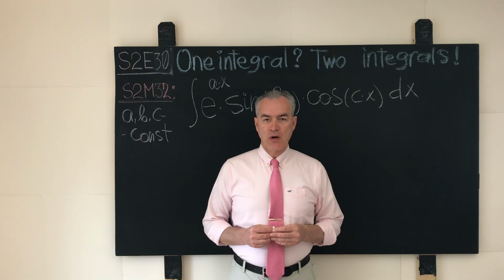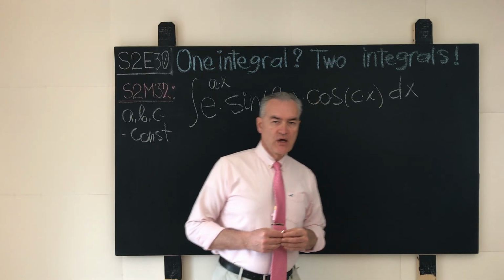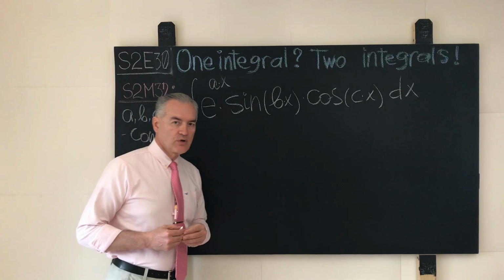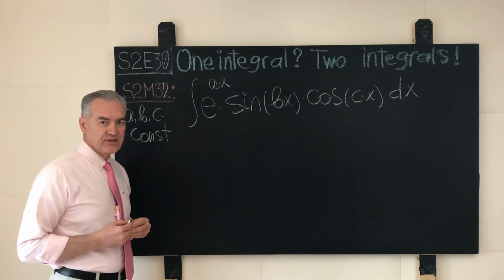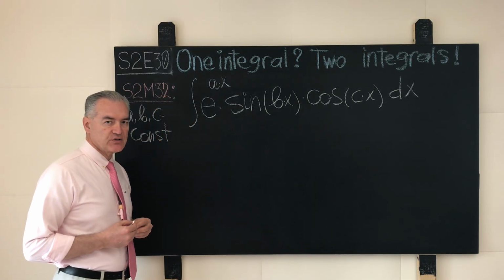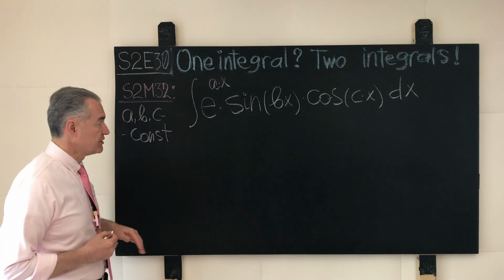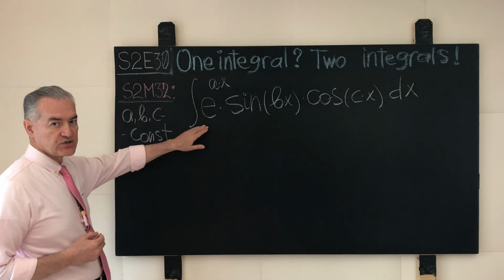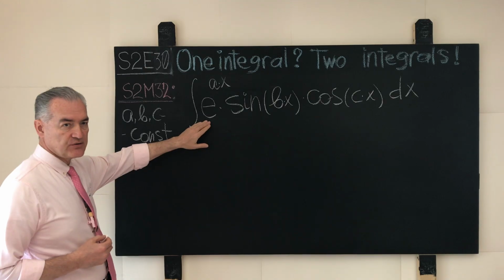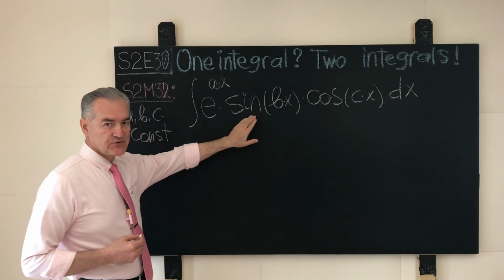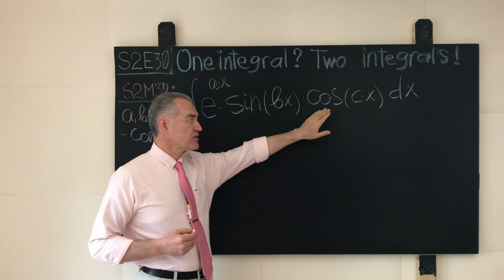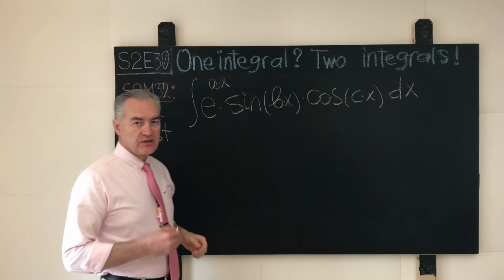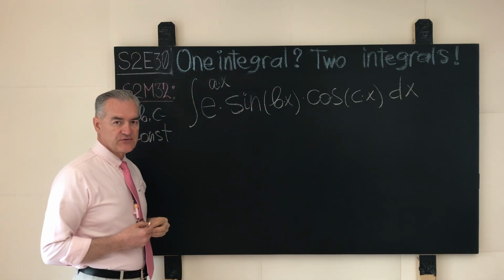In the mathematical problem S2E30, we were asked to evaluate an indefinite integral whose integrand has the following structure. It is a product of three functions: an exponential function, the trigonometric function of sine, and the trigonometric function of cosine. The exponential function here has the following shape.